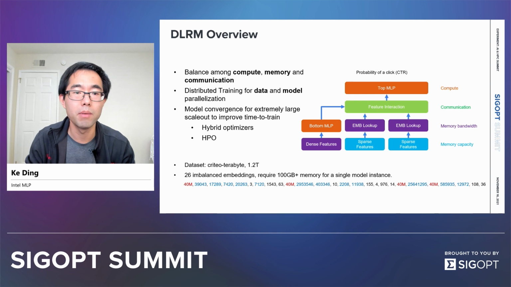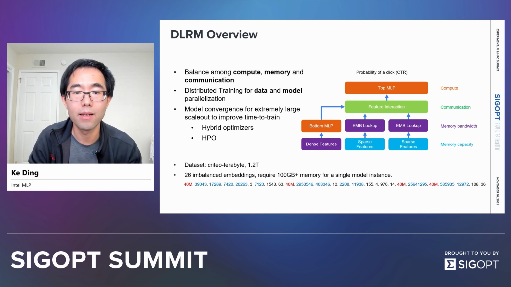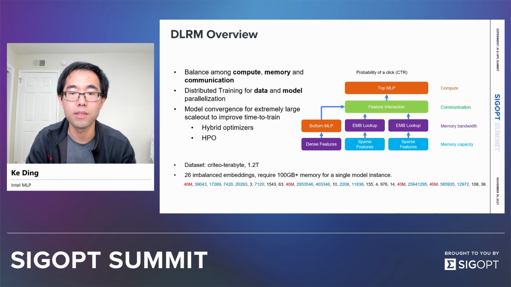The four biggest tables have more than 40 million entries, while the smallest one only has 3 or 4 entries. With all this, DLRM poses unique challenges on distributed training because of the need to balance compute, memory, and communication.